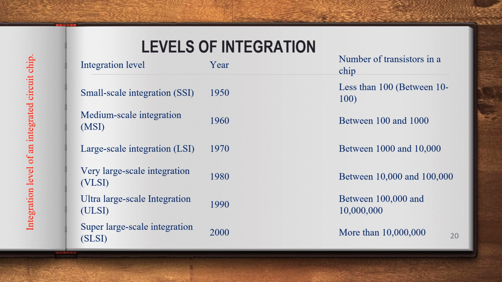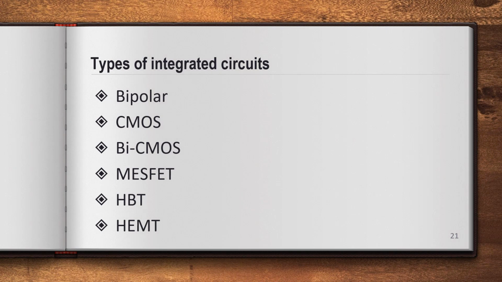VLSI is an integration level here. Types of integrated circuits. Depending on the types of substrates, devices, signal processing and applications, ICs are classified as bipolar ICs, CMOS ICs, BiCMOS ICs, MESFET ICs, HBT ICs and HEMT ICs. In bipolar ICs, bipolar junction transistors, BJTs, are used to implement the integrated circuit. In CMOS ICs, a combination of NMOS and PMOS transistors is used.